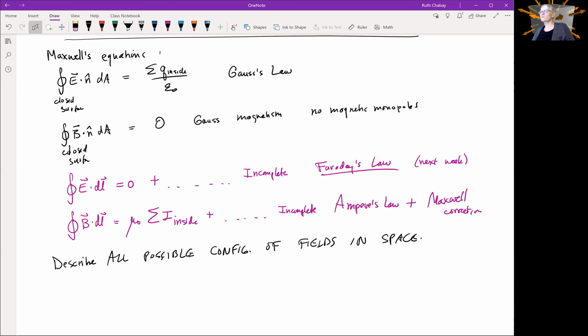Can you derive electric field formulas with Gauss's law? Absolutely, you can. And in fact, one of the applications that we didn't get to in recitation on Tuesday is to use Gauss's law to derive the electric field of a charged plate.